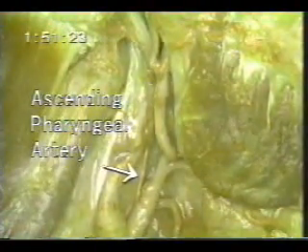It runs more superficially to supply the scalp behind the ear. We'll remove these two posterior branches to see one more branch that arises deeply, the ascending pharyngeal. It passes upwards, deep to the external carotid, to supply the upper part of the pharynx.